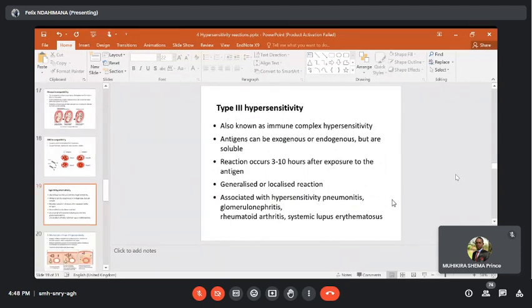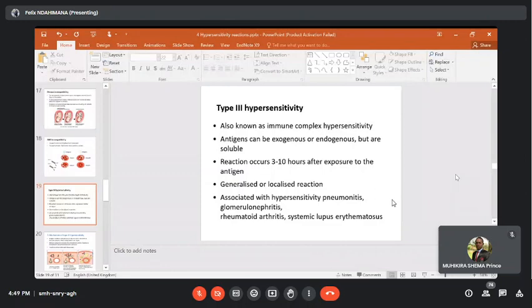Then for hypersensitivity type 3, it's just an antigen-antibody reaction, or an immune complex that deposits somewhere in the body. When it deposits somewhere in the body, our body will keep on reacting to it, and it will become a disease, causing more trouble in the area where that immune complex has deposited.